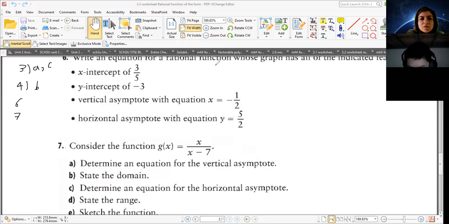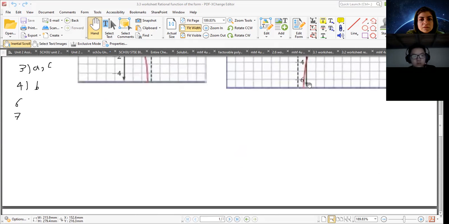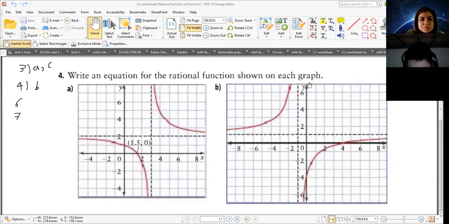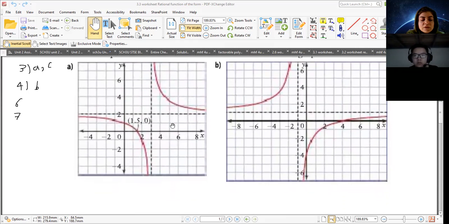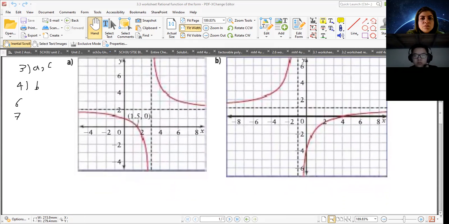Let me go ahead and do this question for you. Write the equation of the rational function for each graph. I know the form is y equals ax plus b over cx plus d, right?